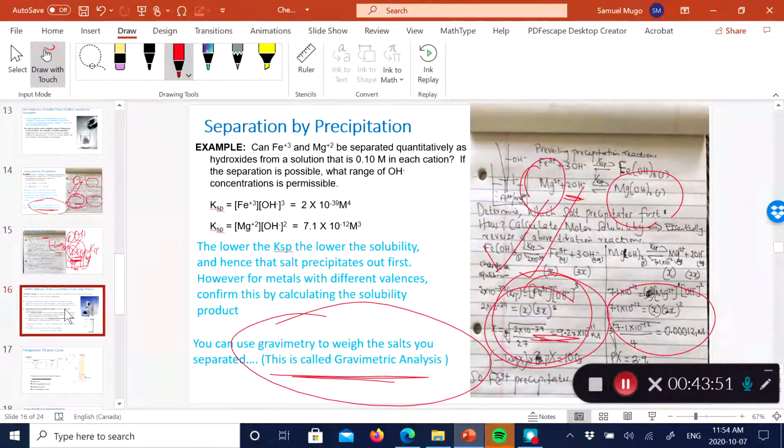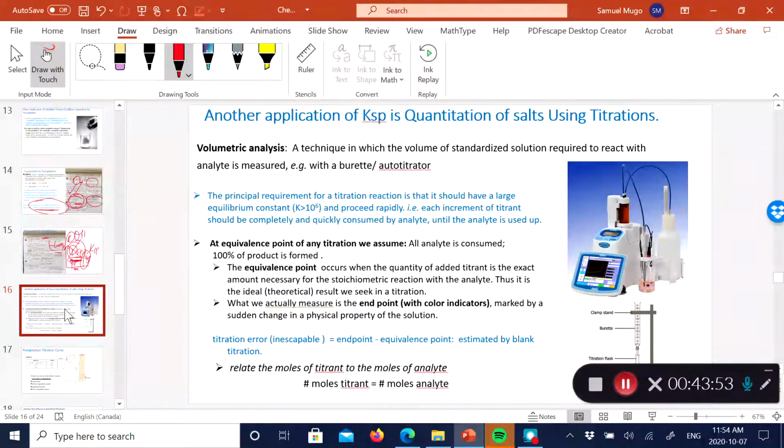But you're going to see a more accurate way of doing quantitation of, say, 2 different salts that can easily be precipitated. A more accurate way is using what you refer to as volumetric analysis. And that's what you call titrations, really, volumetric analysis, where you're measuring the volume of the titrant. And I'm going to cover volumetric analysis based on solubility product equilibria in the next lecture.